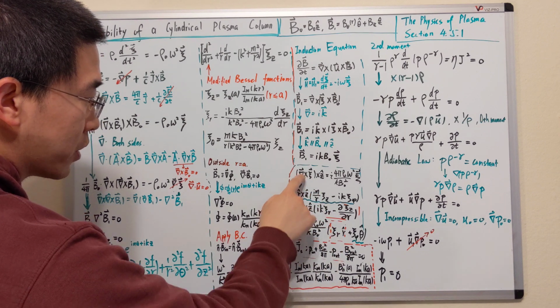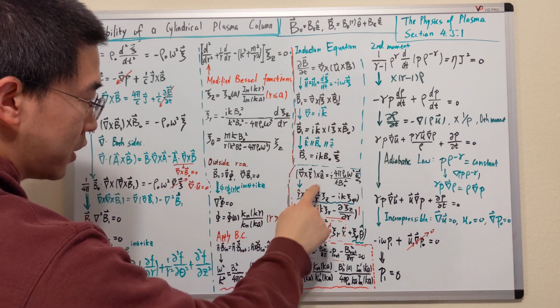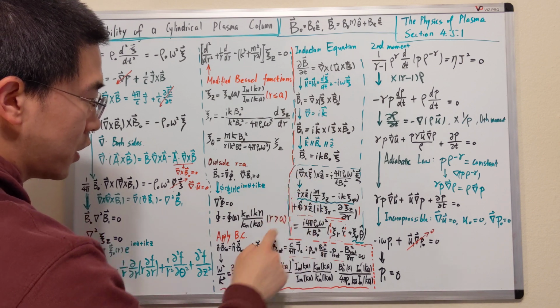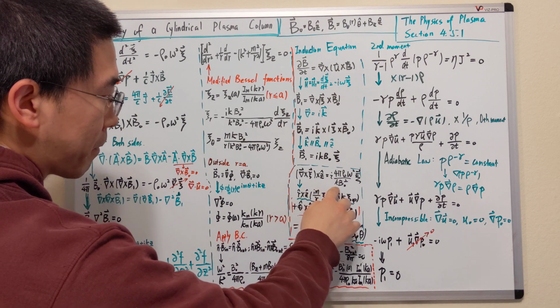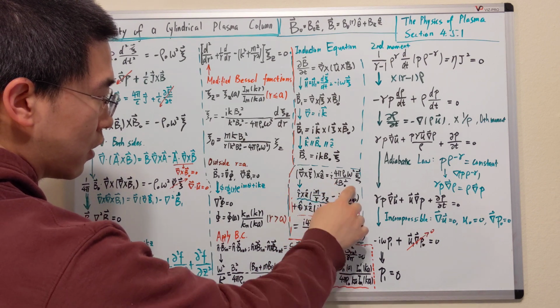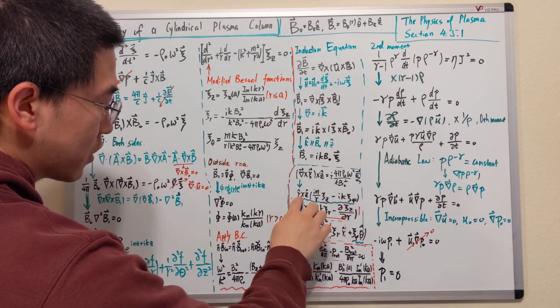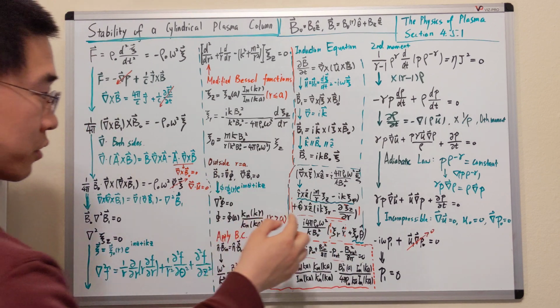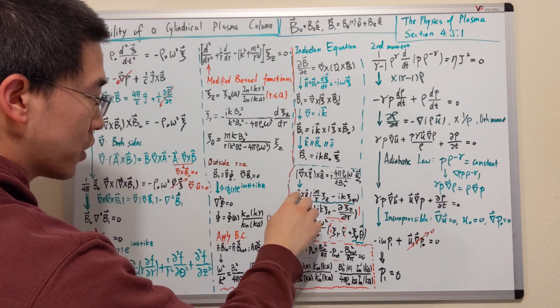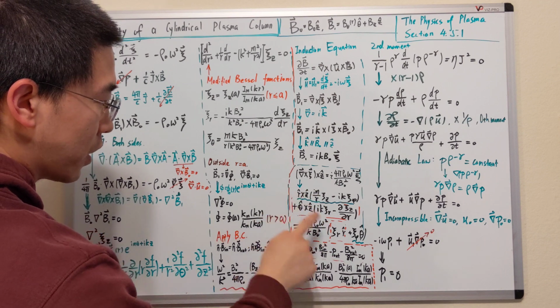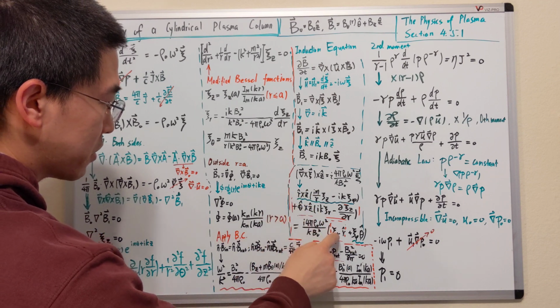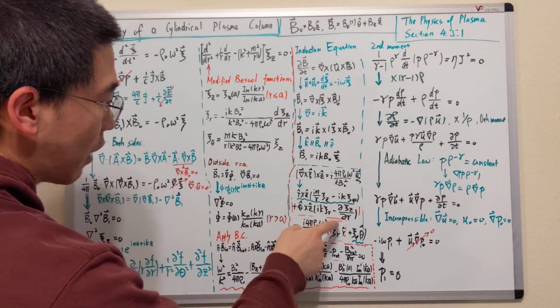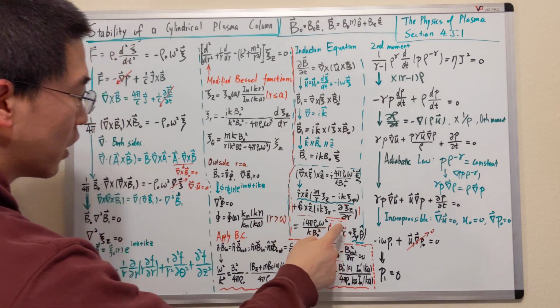That's the r component of this, the theta component, and the z component, and different components should match with different directions. This one will match with that one. This one will match with that one. So we'll end up having two equations from here.